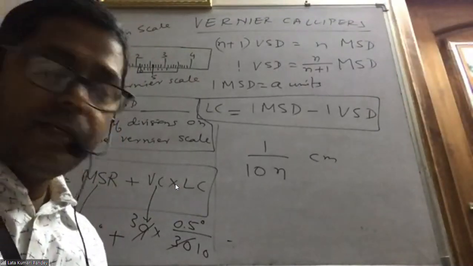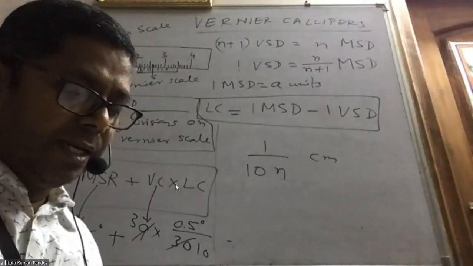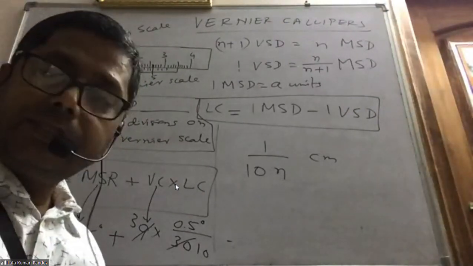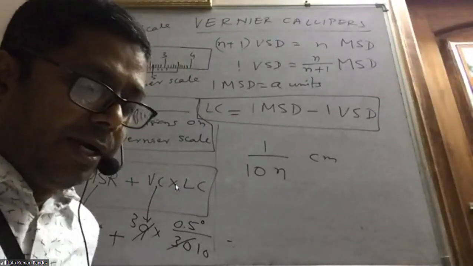1 centimeter on the main scale of vernier calipers is divided into 10 equal parts.